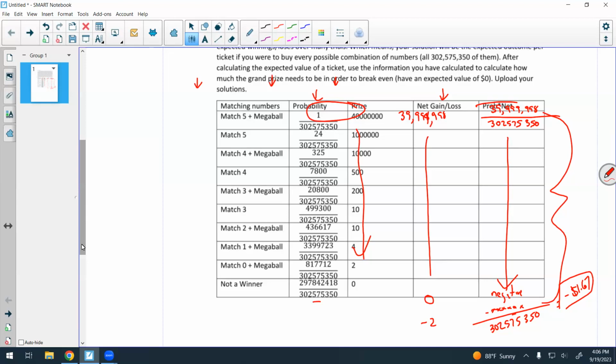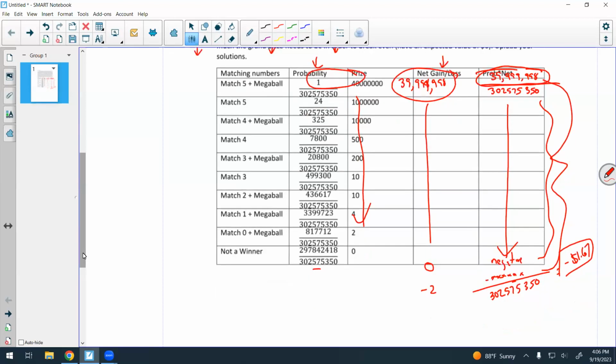Now, the second thing I want you to do is calculate the break-even point. So I need to know what number here or what number here counterbalances all these to give me 0. So again, we just take all of these and add them up, and if memory serves me correct, it is roughly negative 546 million.